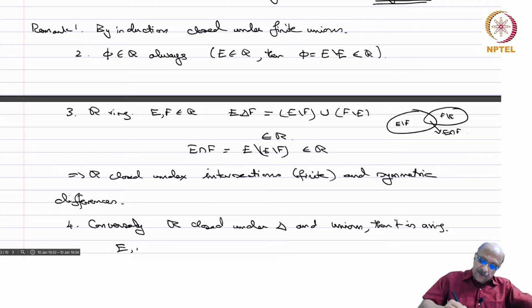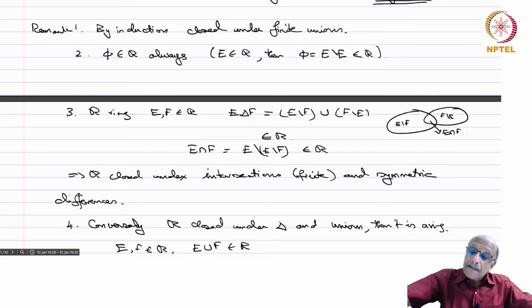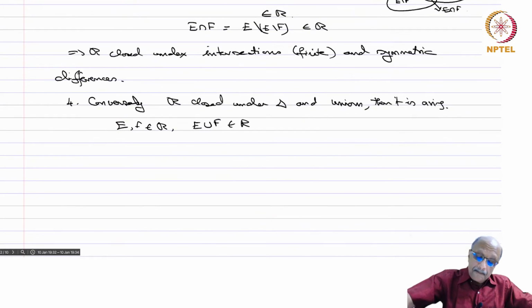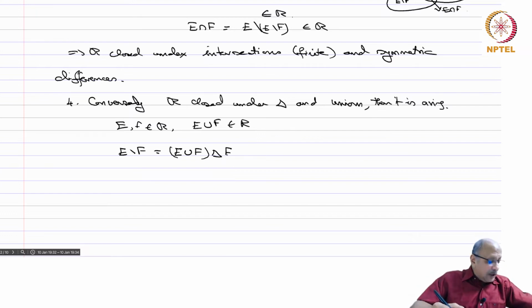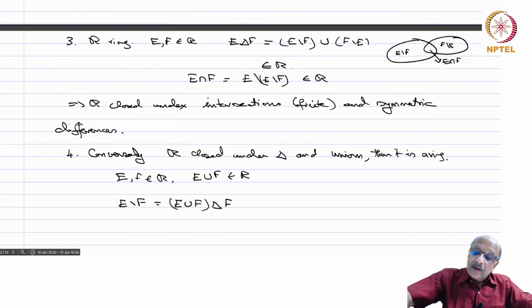Because if E and F belong to R, we already know it is closed under the union, so E union F belongs to R, and then further E minus F can be written as (E union F) delta F. So just check this, E minus F is nothing but (E union F) delta F. You can just look at this picture and you will immediately see that that is true.